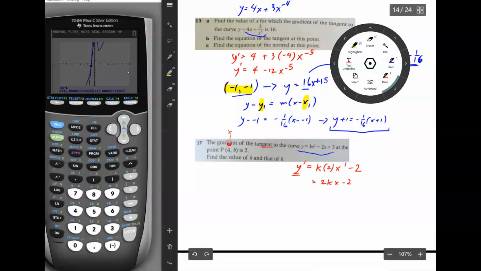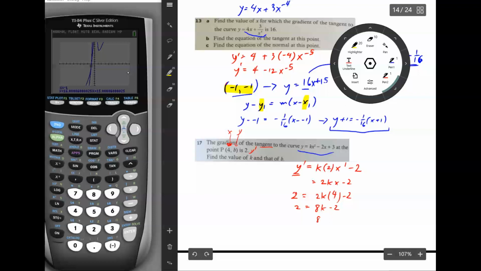At x equals 4 and y equals b, we don't know what y is, we know that the derivative is 2. So if we know that the derivative is 2, and we know that x is 4, we could fill in everything, and we end up with an algebraic equation. We could write 2 equals 8k minus 2.